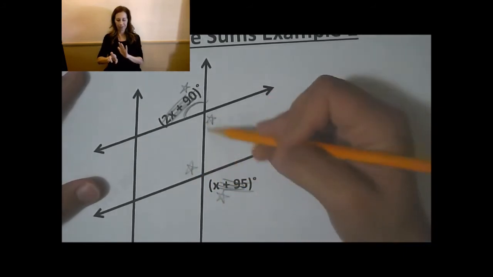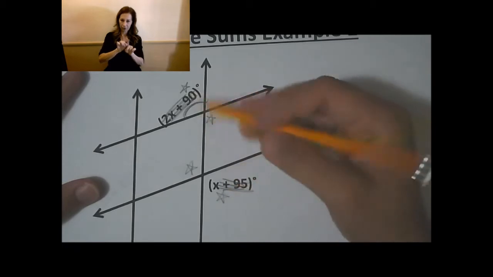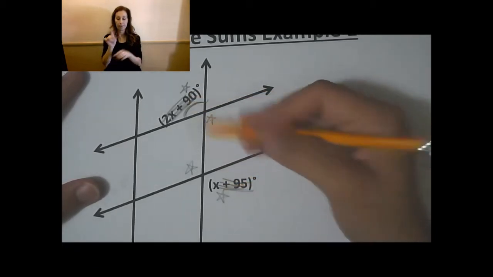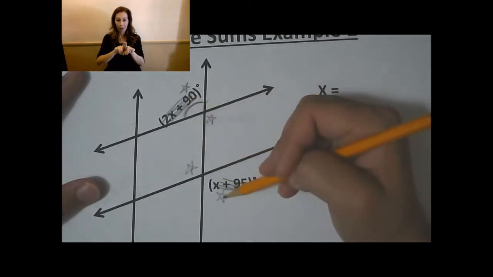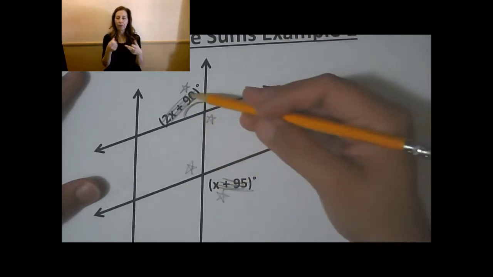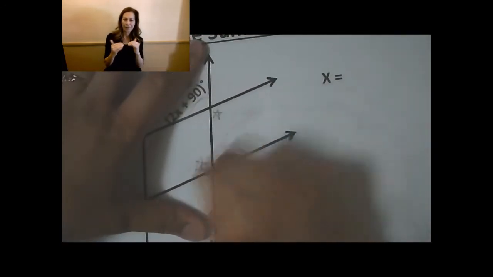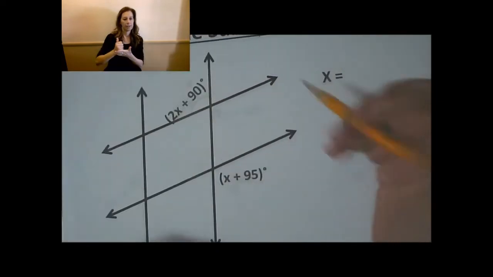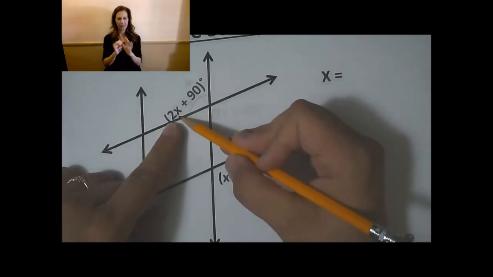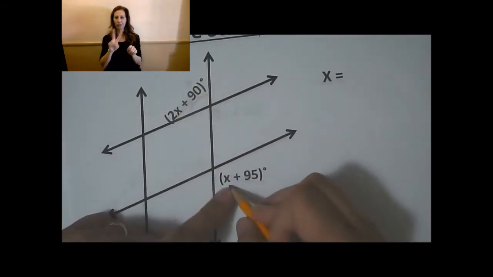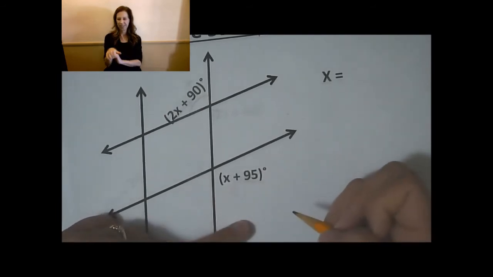That means these have to be the same degree measurement because they are the same star, they land in the same spot. So if they land in the same spot, they must equal each other. But how do they equal each other if one degree measurement is 2x plus 90 degrees and the other is x plus 95 degrees?